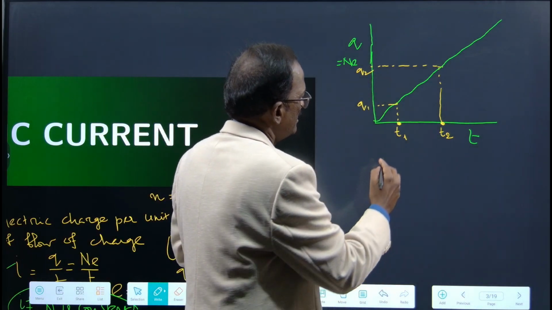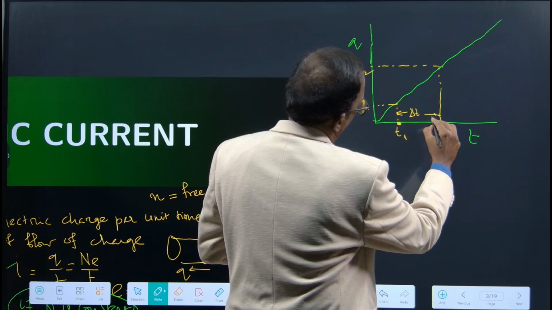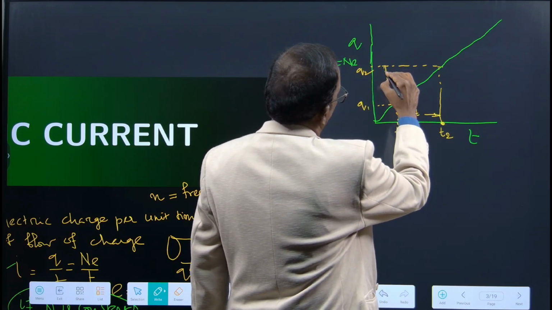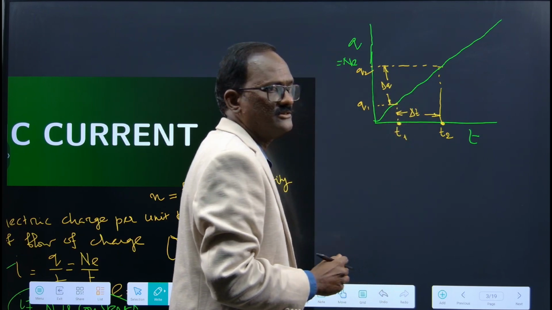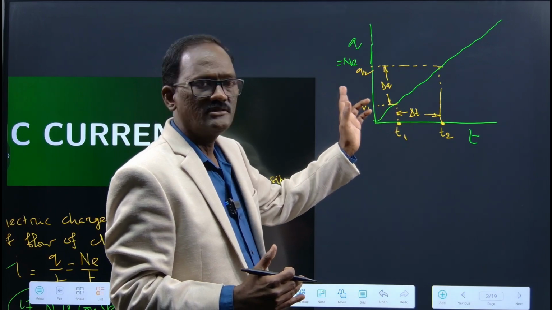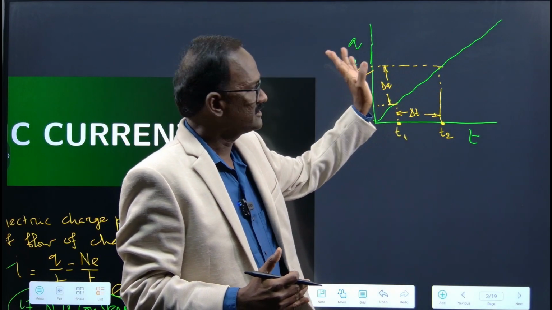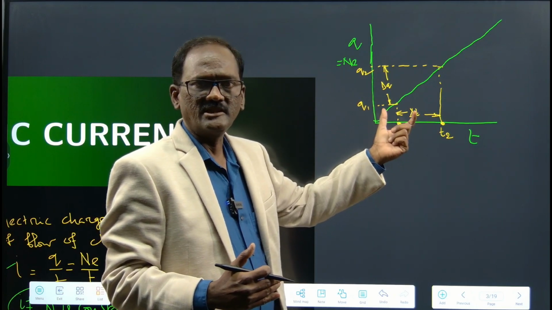This is Q2. This can be written as change in time or delta T. This can be written as change in Q value, because we have assumed the Q value is continuously changing with respect to time. At T1, the value is different. At T2, the value is different. So Q is changing, and time always changes, right?